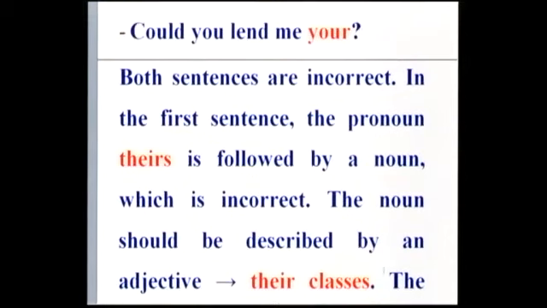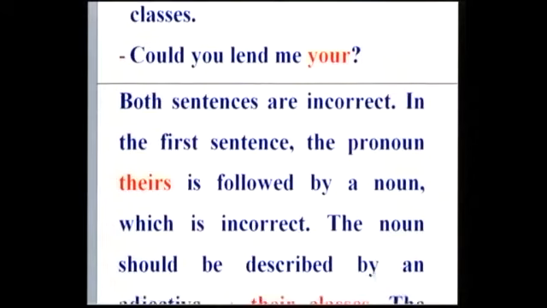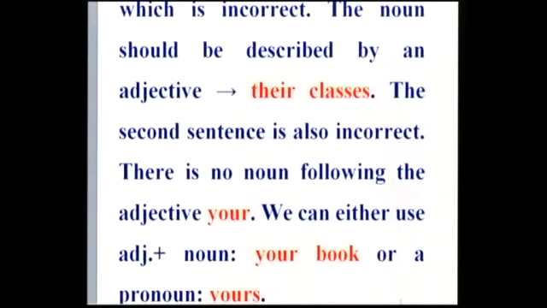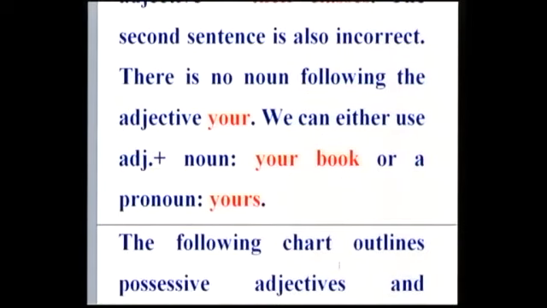There is no noun اهو could you lend me your؟ ما اقدرش اقول could you lend me your، ممكن اقول could you lend me yours which is a pronoun، لكن your is an adjective which must be followed by a noun. There is no noun following the adjective your. We can either use adjective plus noun يعني اقول your book or a pronoun which is yours.